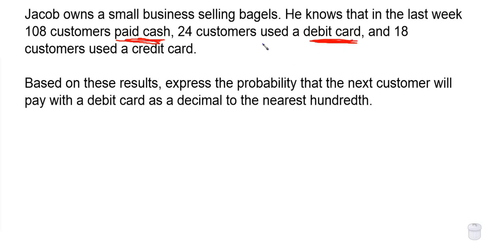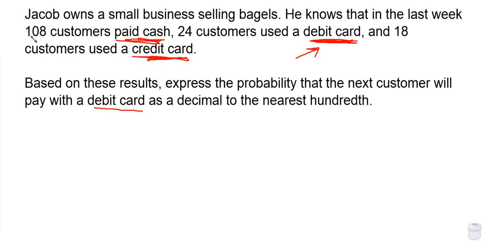Based on these results, express the probability that the next customer will pay with a debit card. Write it as a decimal to the nearest hundredth, so two decimal places.